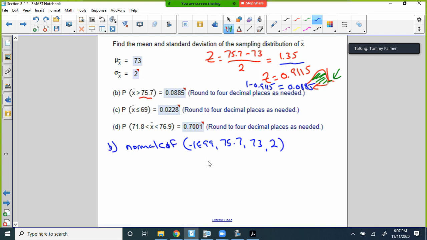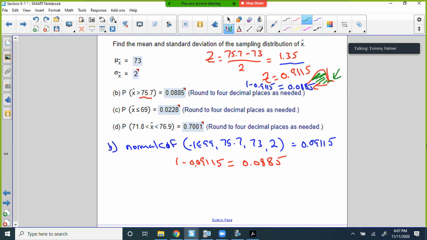When you do that, you get 0.9115. Of course, we want the area to the right, so you do 1 minus that answer, which is 0.0885.